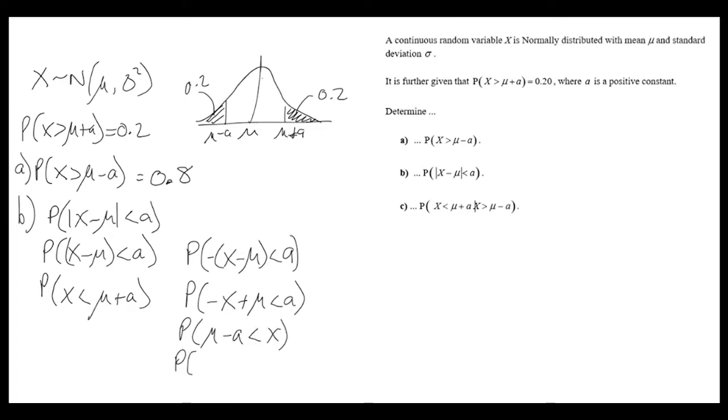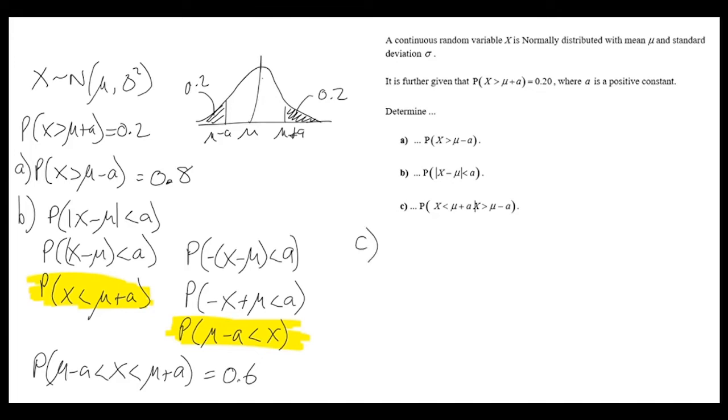So I've got mu minus a is less than x, and looking at these two, I realize that I can now merge these together and write them as one probability statement. x is less than mu plus a, x is also greater than mu minus a. So writing that all as one, and looking at the diagram, I realize that I'm looking for 0.5, 50%.